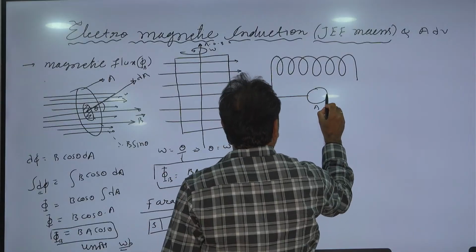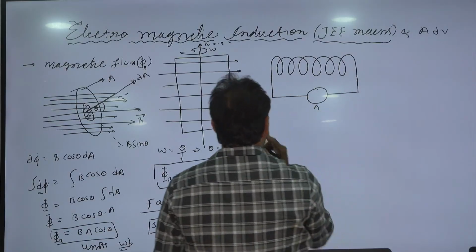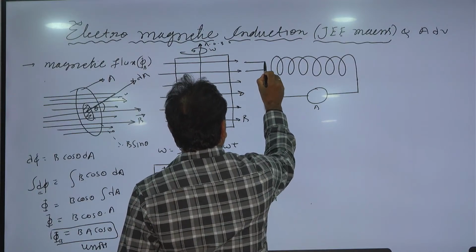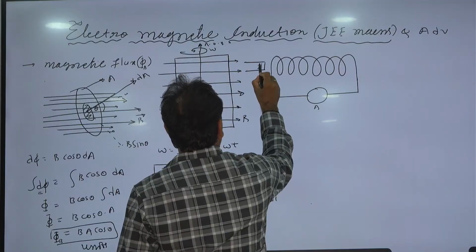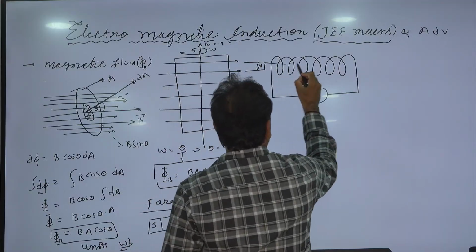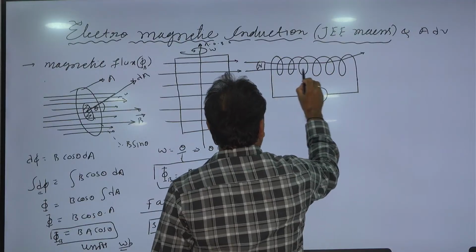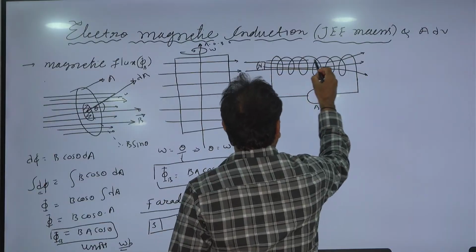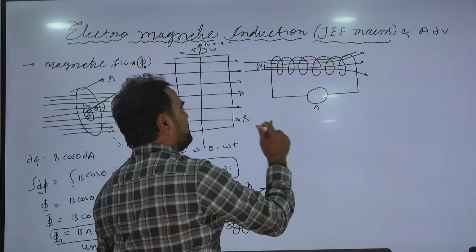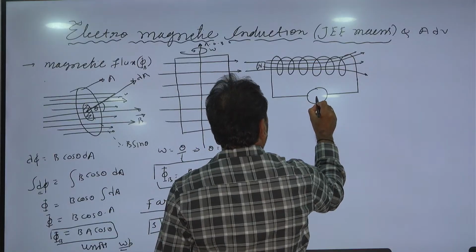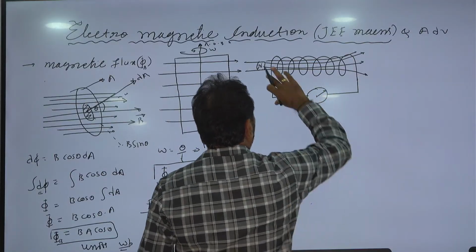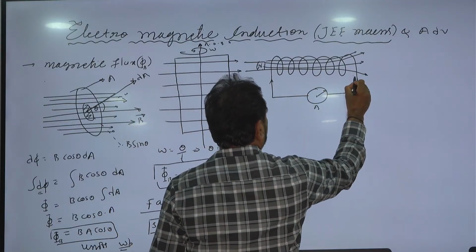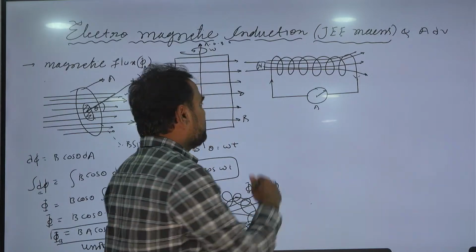When a magnet is brought towards the coil, the magnetic lines of force across the coil change. When they change, an induced EMF is developed, and then induced current flows across this coil.